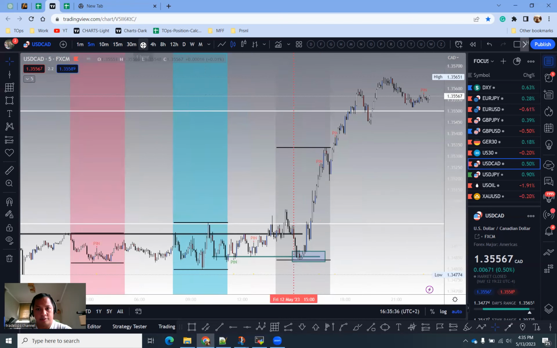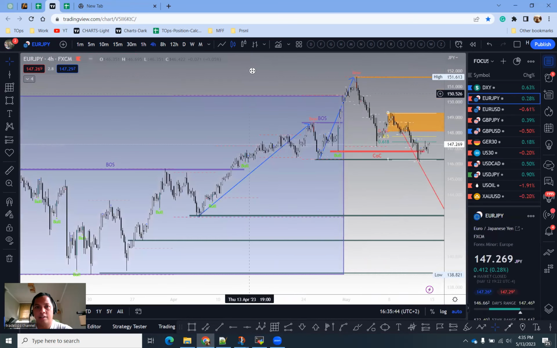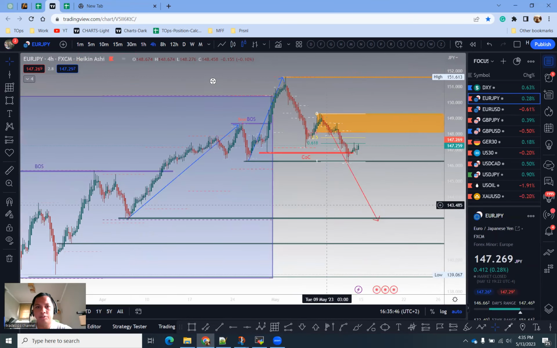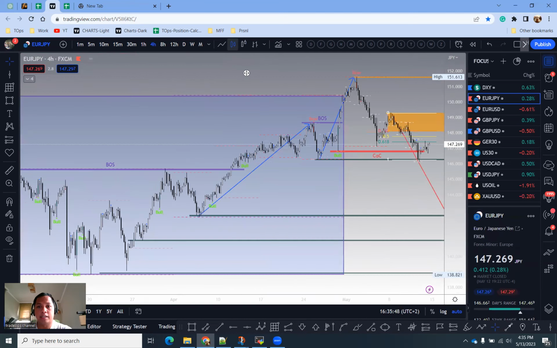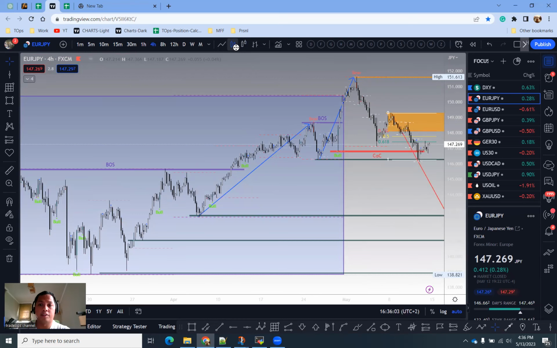Alright, so let's go back to the higher time frame, because we jumped to the USD CAD example from yesterday. So back here, and as you can see, when you use Heikin Ashi, this is only valid for market structure analysis and trend analysis, okay? Don't use the Heikin Ashi for entering trades, because that's not its purpose. For entering trades, you should always use candlesticks on the lower time frames.